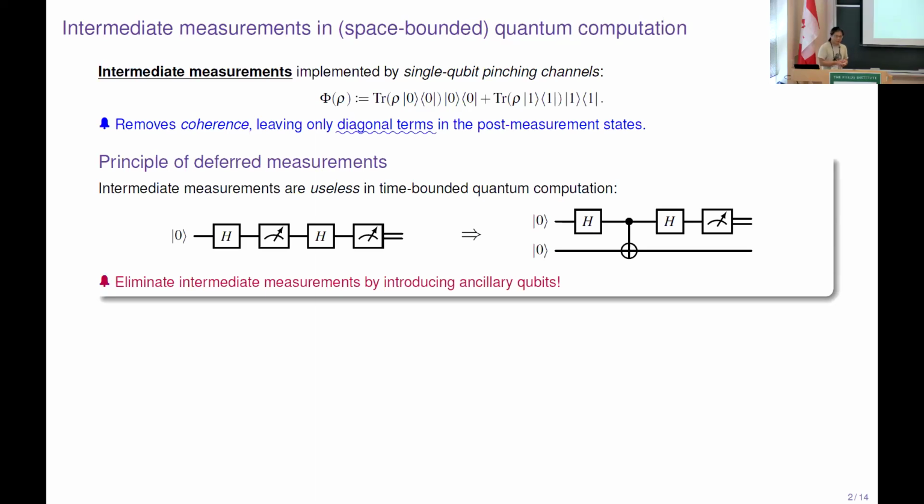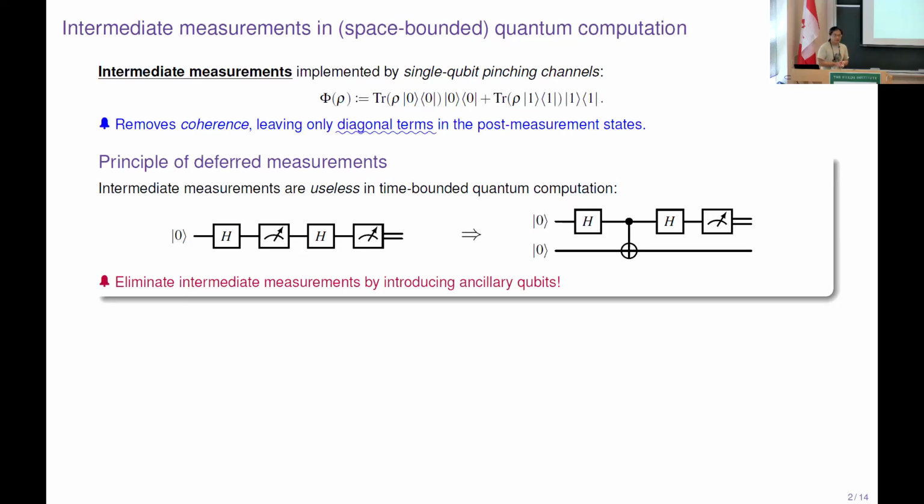Particularly, we have something called the principle of deferred measurement. So basically, each intermediate measurement in the middle, we can replace it by a controlled-NOT gate with a new ancillary qubit. And in the time-bounded setting, usually we have at most a polynomial number of steps. So it's enough to replace everything by using only a polynomial number of ancillary qubits.